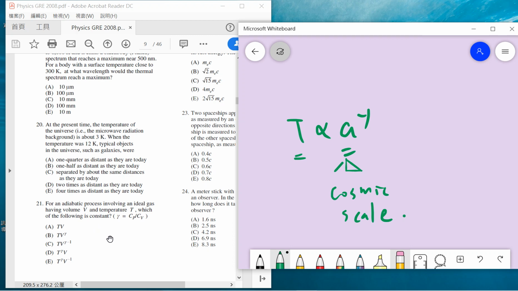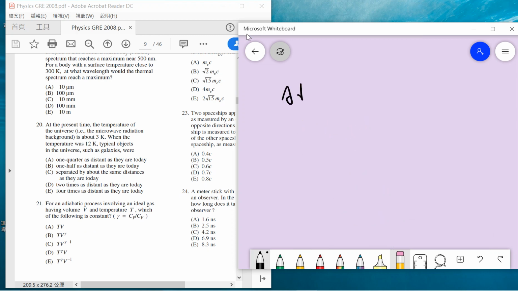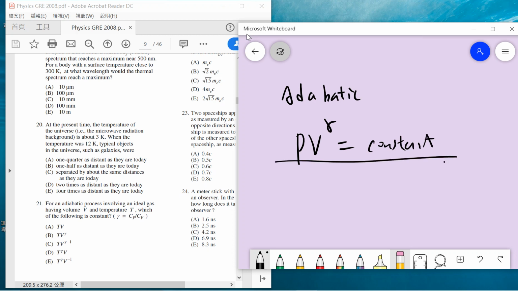21 says that for an adiabatic process involving an ideal gas, we have, okay, you need to remember that in the adiabatic case, PV to the gamma is constant. Basically you need to remember this, otherwise you cannot solve the question.